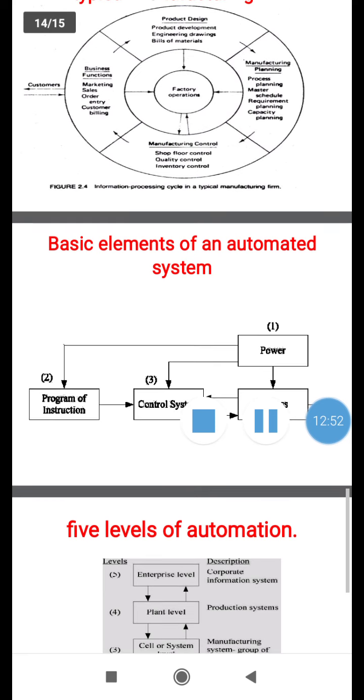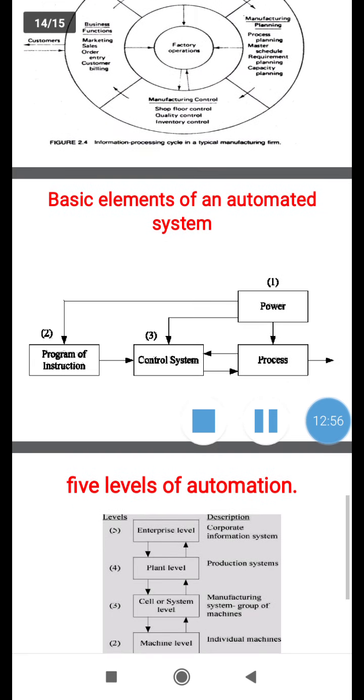Next, what are the elements of an automated system? If you install an automated system in your plant, what are the elements it consists of? First one is the power supply, that is electricity supply for your machines. Next one is a program of instruction. To store the program, we need a program of instruction, that is a computer system. Next, control system.